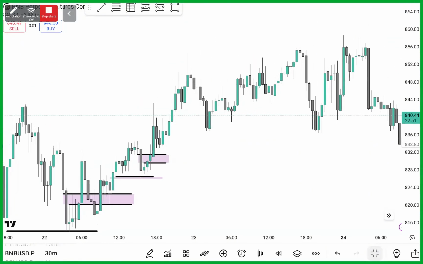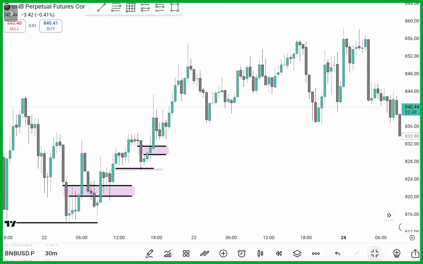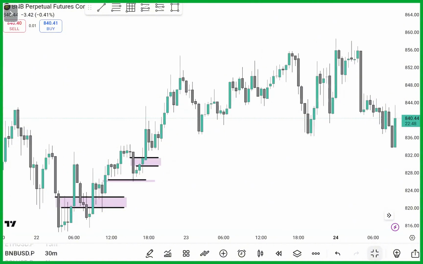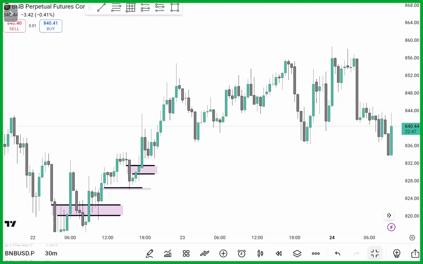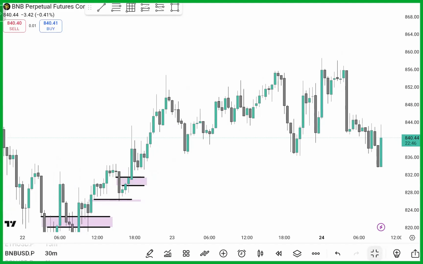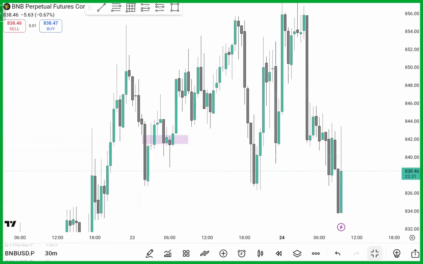Where is another point of fair value gap? Here there is another inversion fair value gap. Please pay attention. That is a fair value gap. Yeah, it may look small, but it is.